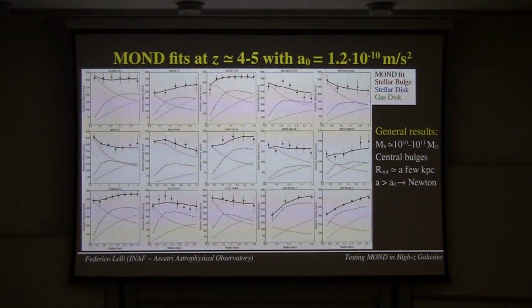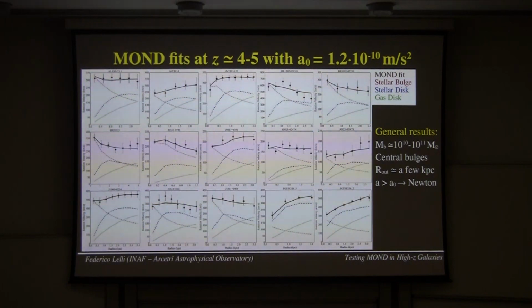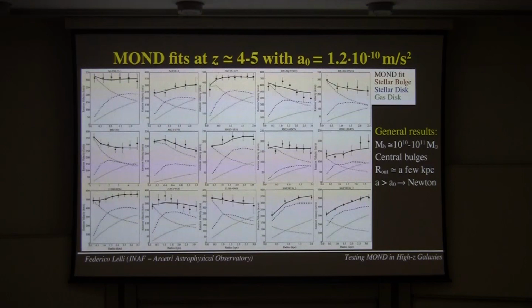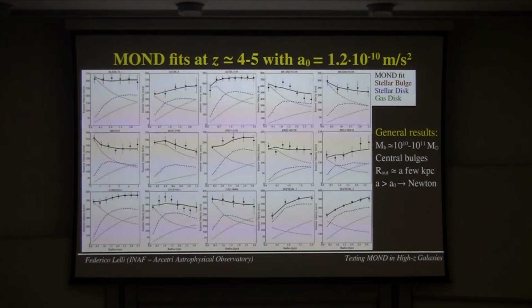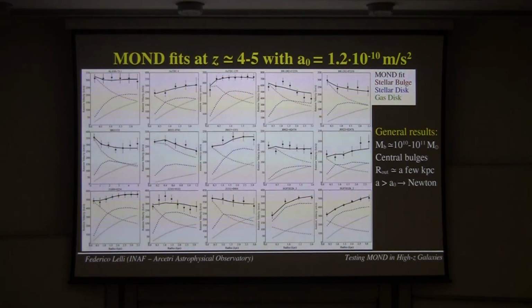So it seems that bulges are in place already at redshift 5, and this is somehow consistent with the JWST results on passive galaxies and early galaxy formation and so on. The other thing you can notice is that the outer radii are small, a few kpc, and so most of these fits actually are very close to Newton. We are not at the a0 level yet.